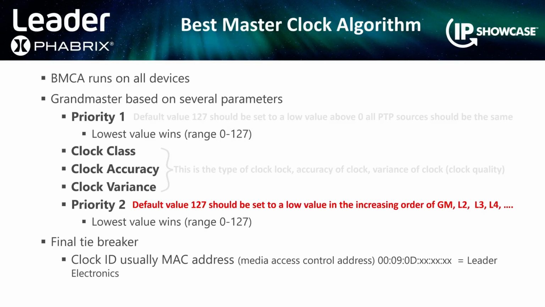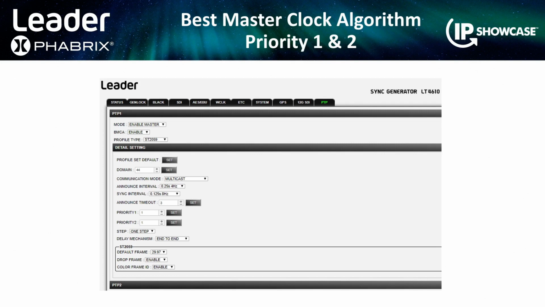And then we have Priority 2, which, like Priority 1, gives us the ability to control the failover routes. You'll see these if you go into the settings of any of your sync pulse generators that have PTP. You'll have the ability to set Priority 1 and Priority 2. So that's something that your network design architects will put together and design a system and talk about how it's going to fail over.